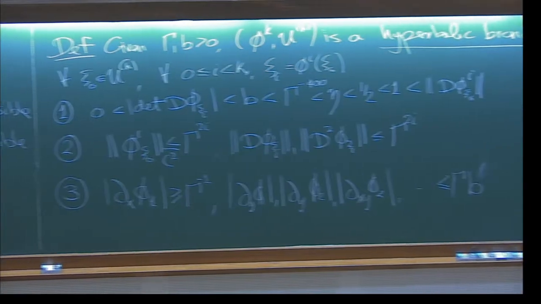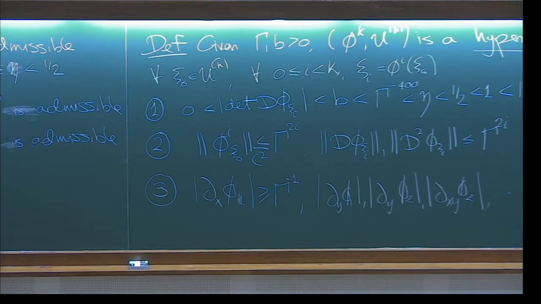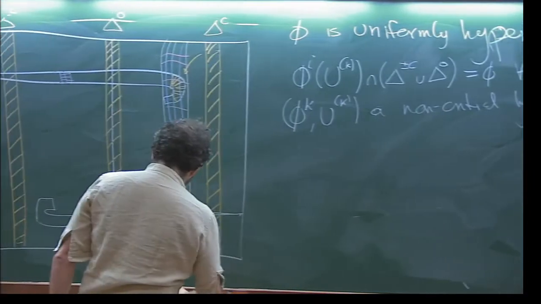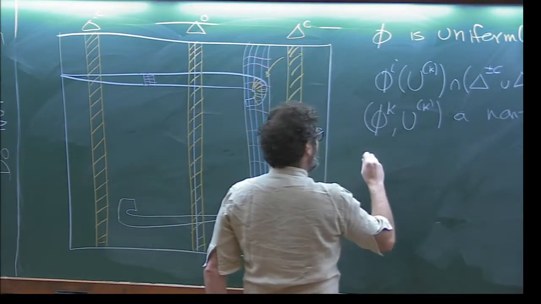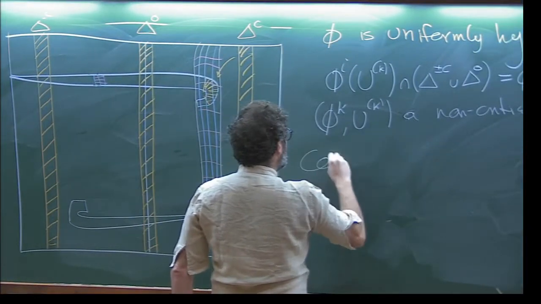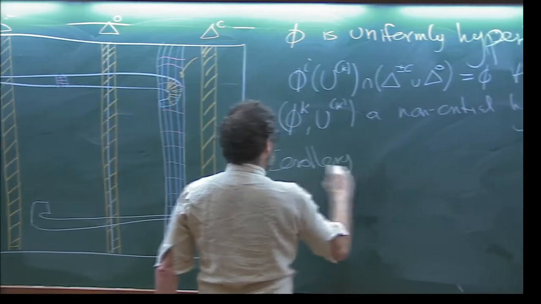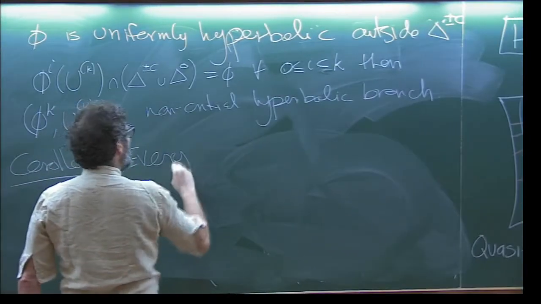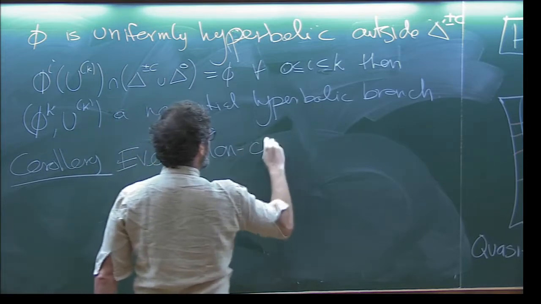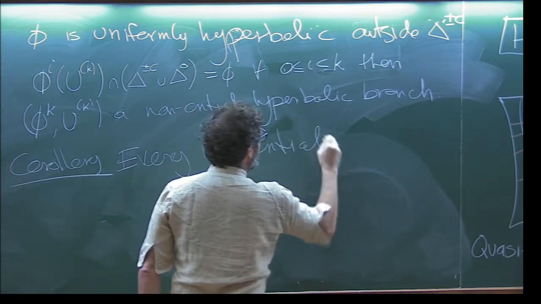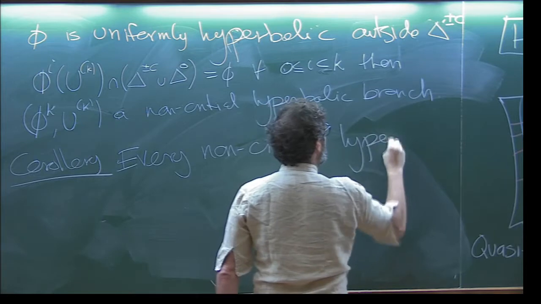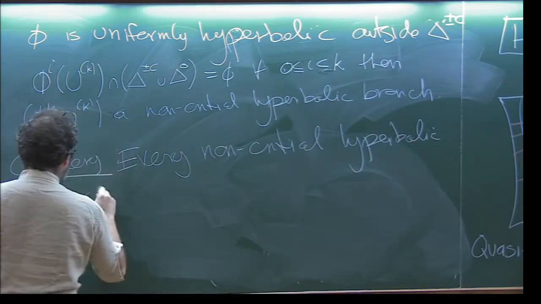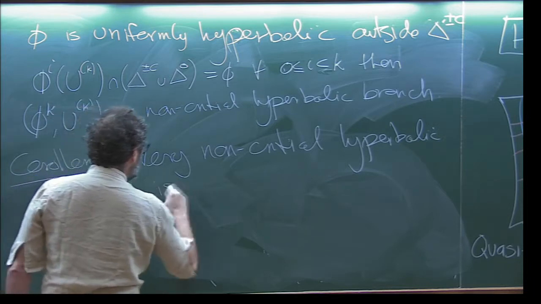We can just continue that as long as we stay outside delta C, as we continue to have this uniform hyperbolicity. So we have this corollary of uniform hyperbolicity: every non-critical hyperbolic branch is fully admissible.